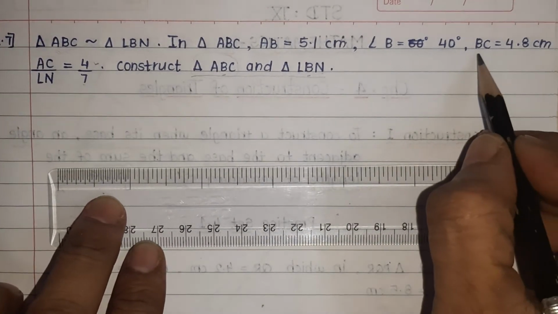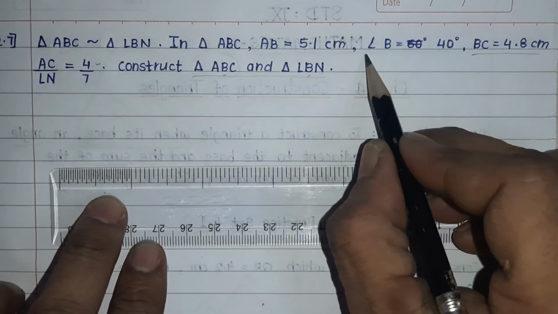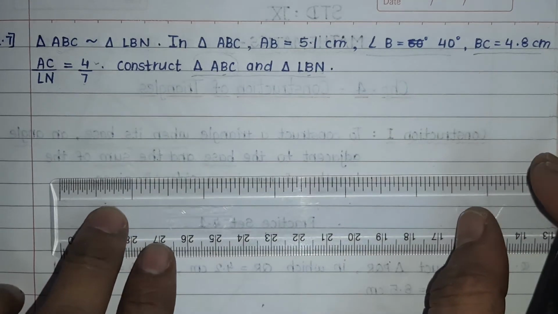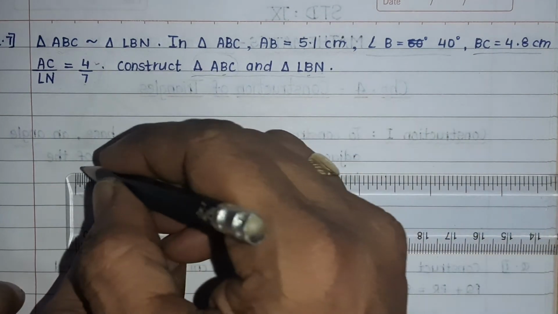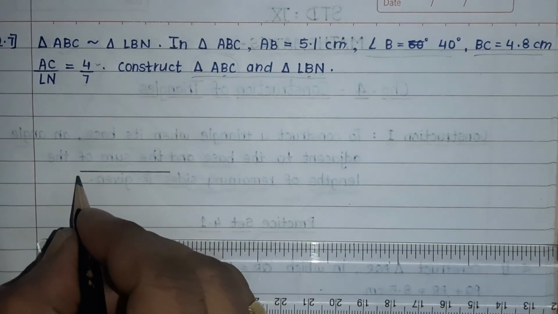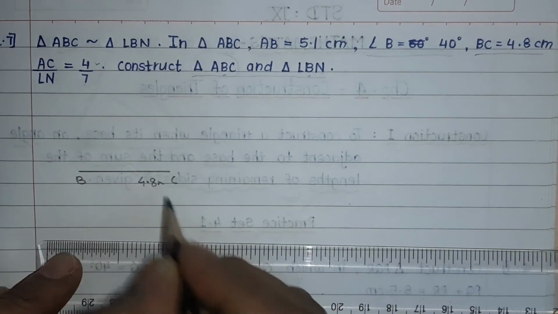See, BC 4.8 is given and angle B is 40 degree. Therefore, dear student, we can draw the base 4.8 centimeter like this. This is BC. It is 4.8 centimeter.